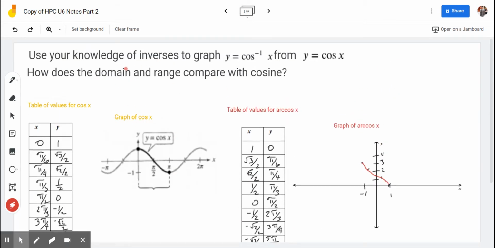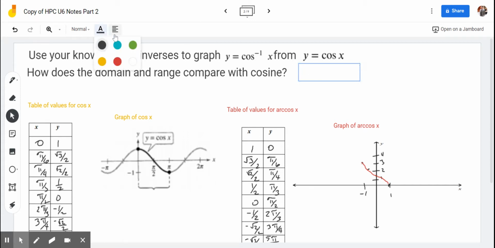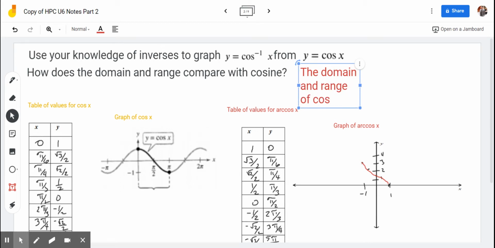Again, to answer this question, how does the domain and range compare with the original cosine function? The domain and range of cos inverse is interchanged with cosine's.